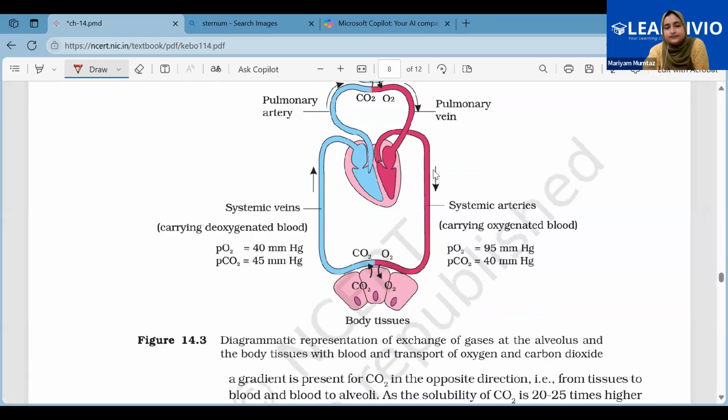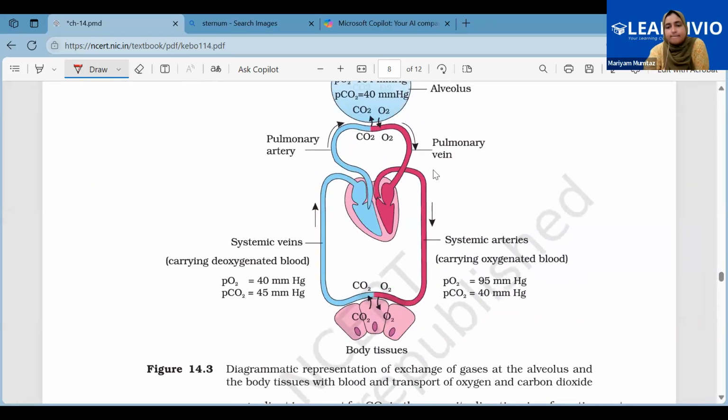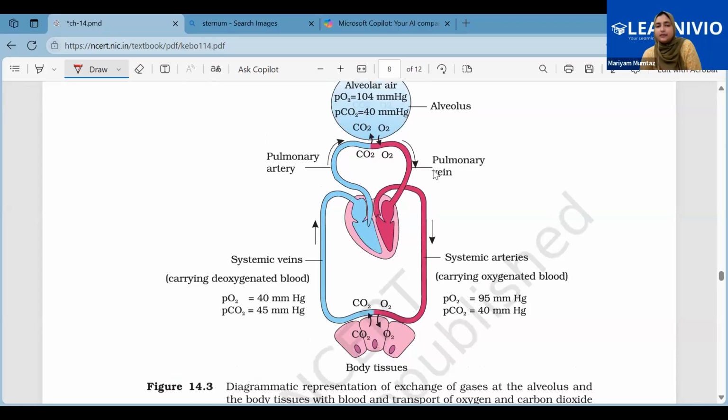Now see. Do you remember double circulation? Yeah. Quickly revise. Tell me, what is double circulation? It's the mechanism where the blood passes through the heart twice, once in the oxygenated and the other in the deoxygenated form.